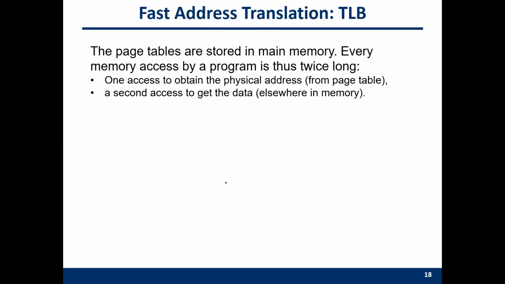We have that table. We explained that page table. The page table is in the main memory. Why? Because your page table is 4 megabytes. For some low cost computers, your cache cannot hold 4 megabytes. So the 4 megabytes of data has to be stored in the main memory.